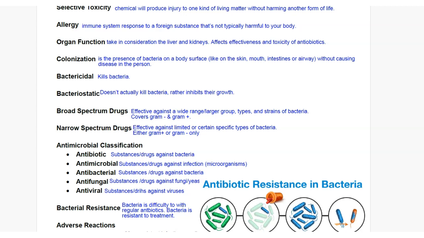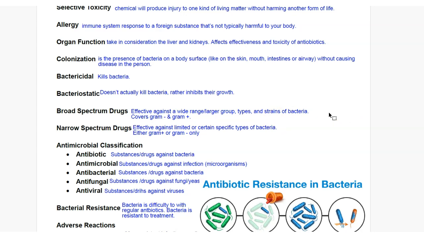Therefore they can just narrow down the antibiotic, so they don't have to give broad spectrum antibiotic. Especially with broad spectrum antibiotic, we may be increasing the risk of the patient developing some sort of bacterial resistance or superinfection.